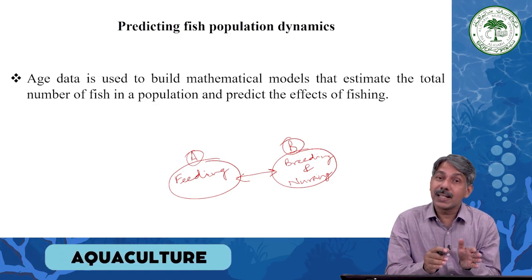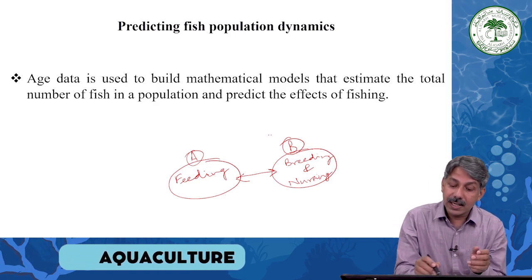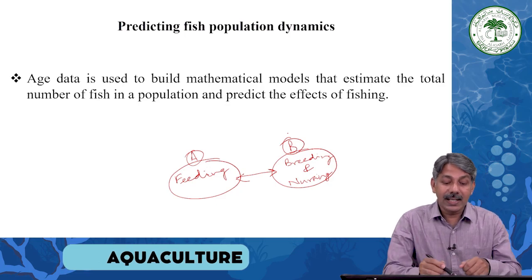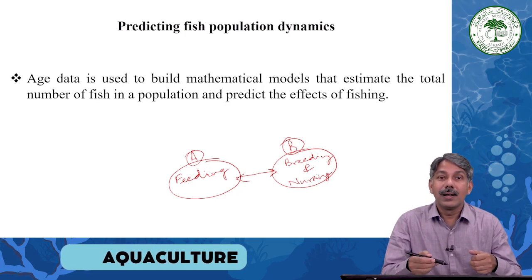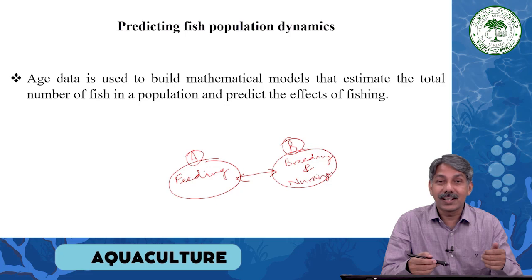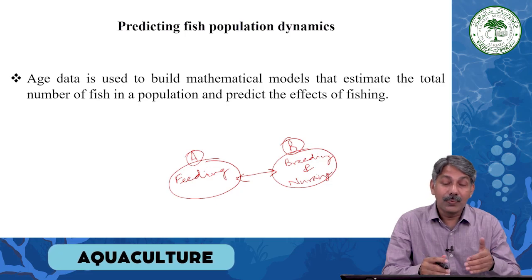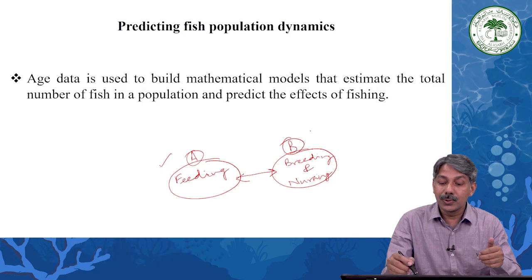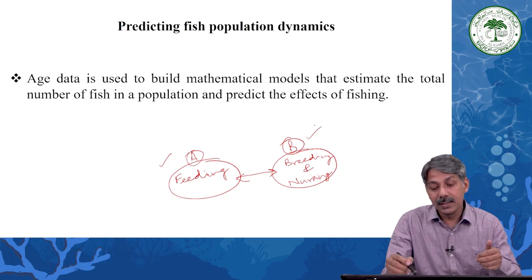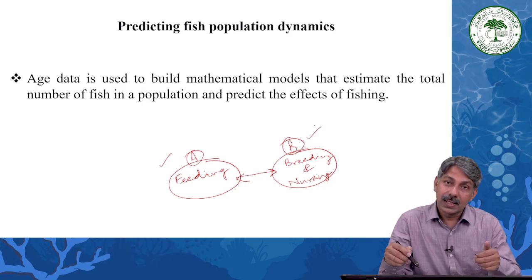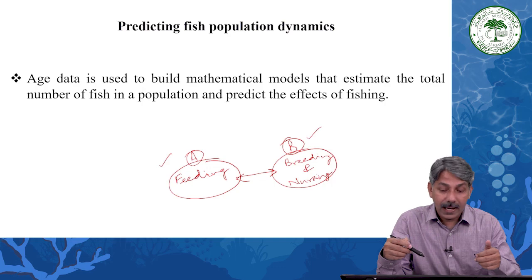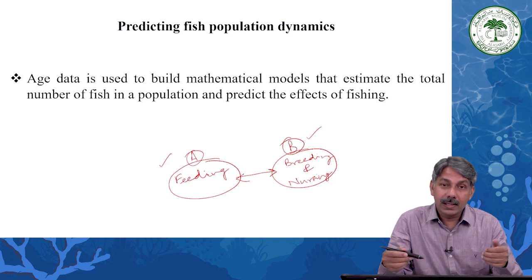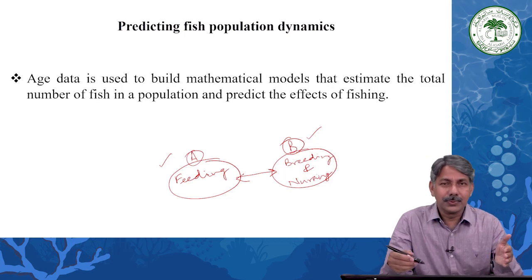So, if we have the age structure of region A and region B, then accordingly we can go for management strategies, how to manage the changed age structure of region A and of region B. And then we can have policies made accordingly, on fishing or providing food or something.